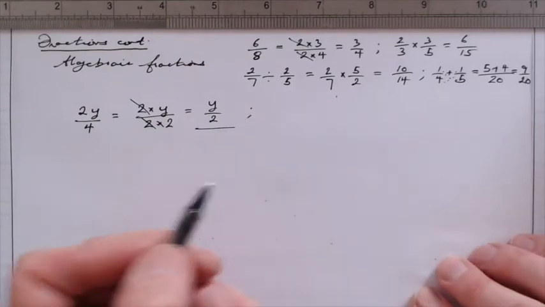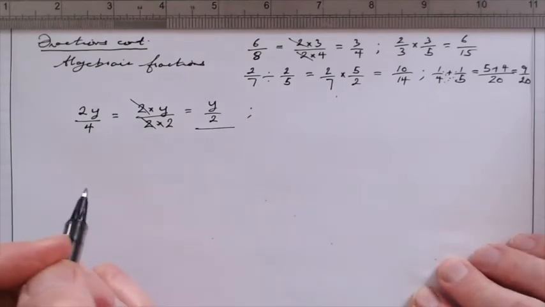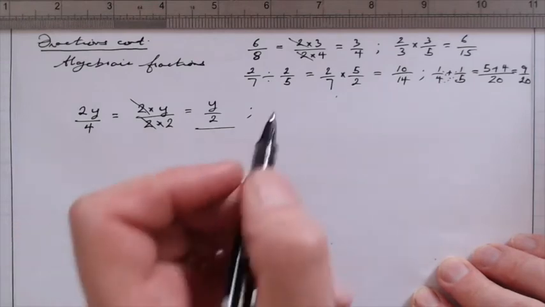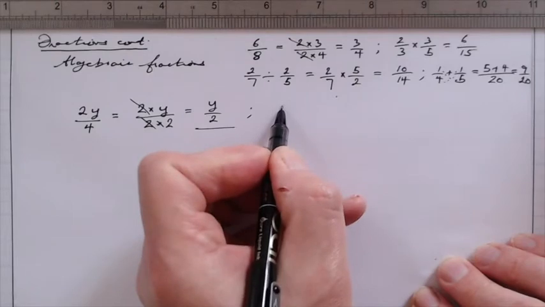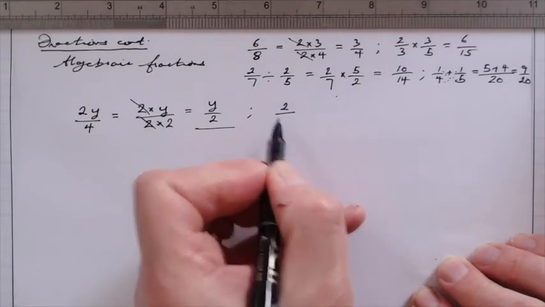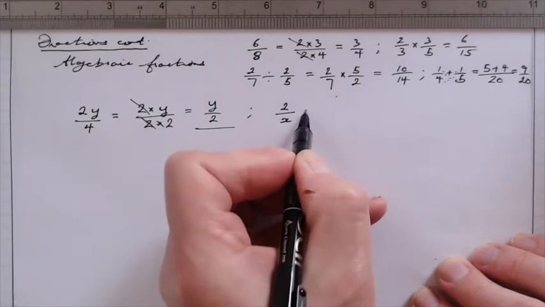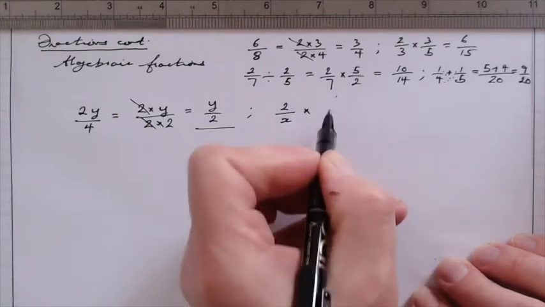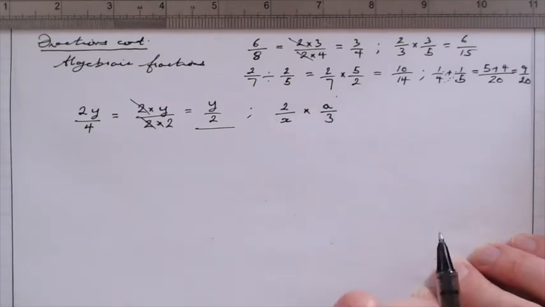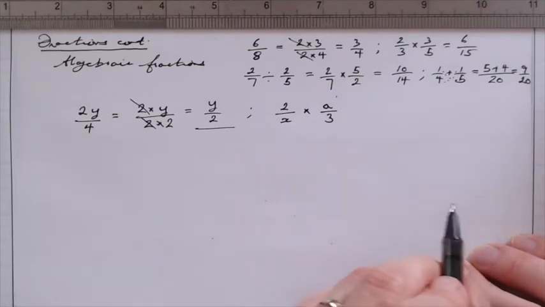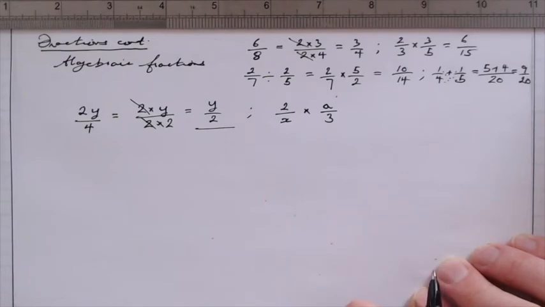We might have an algebraic problem where we have two fractions being multiplied together. So let's see, I'm just going to make up an example here. Imagine I have 2 over x multiplied by a over 3. And don't worry what x and a are. They're just symbols that might appear in some algebraic problem we're asked to do.